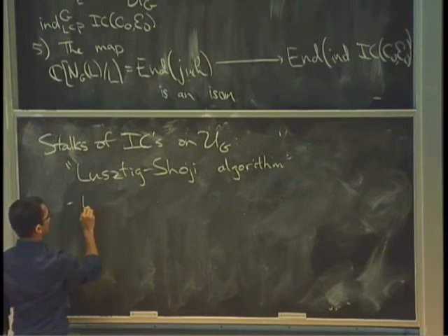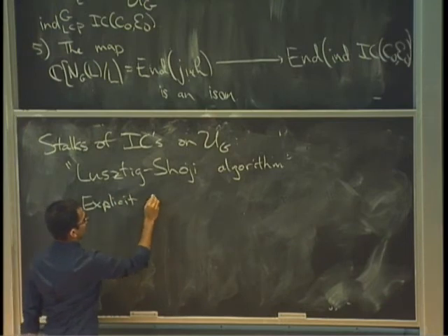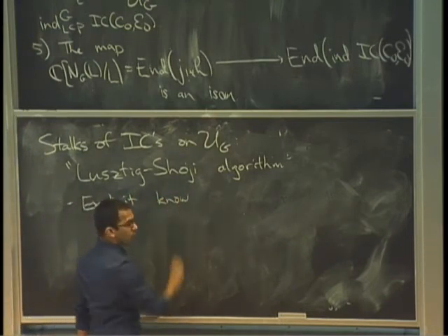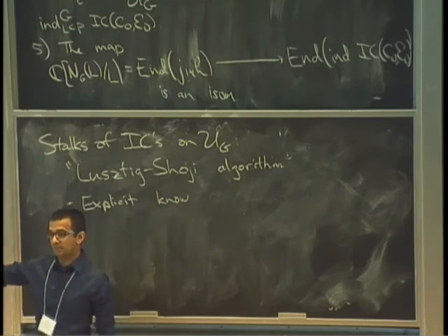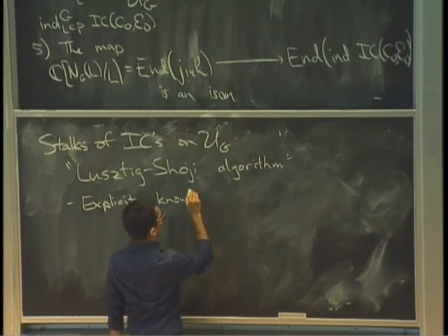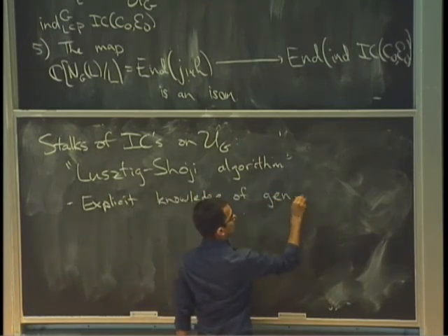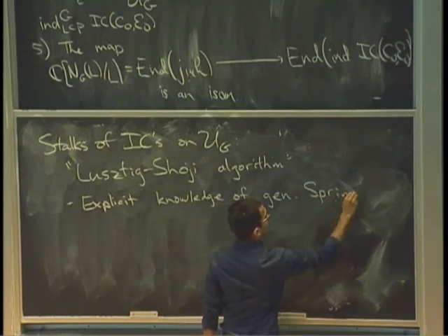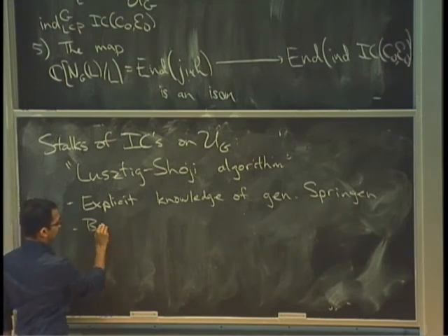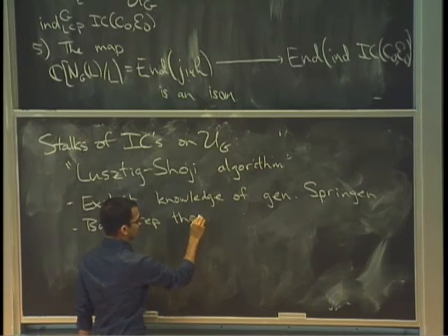You need explicit knowledge of the generalized Springer correspondence, so you need to know which unipotent classes and which local systems match up with which representations of all those relative Weyl groups. And then you need some basic representation theory of relative Weyl groups, just characteristic zero representation theory.